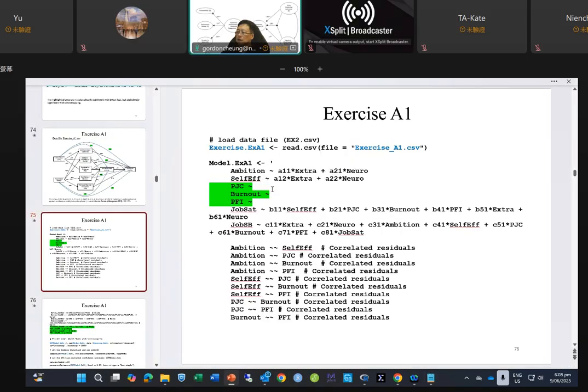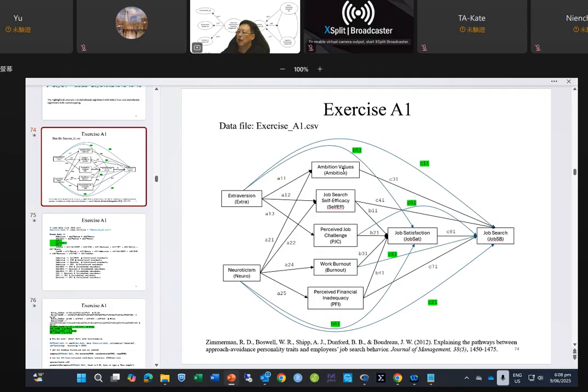Let me solve this. Okay, now ambition here has two paths, A11 times extra plus A21 times neural.